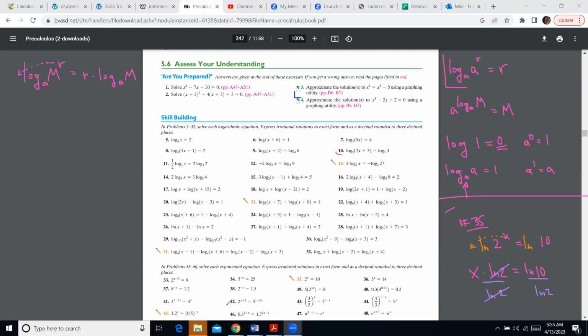Let me try number 42, an analogous exercise here that has x as a power, and I don't want to have that x in the power. I want x to be isolated, so I need to bring it down. And for that matter, I'm going to use the logarithms. We already used this in a previous exercise, so I'm applying ln on both sides, right?